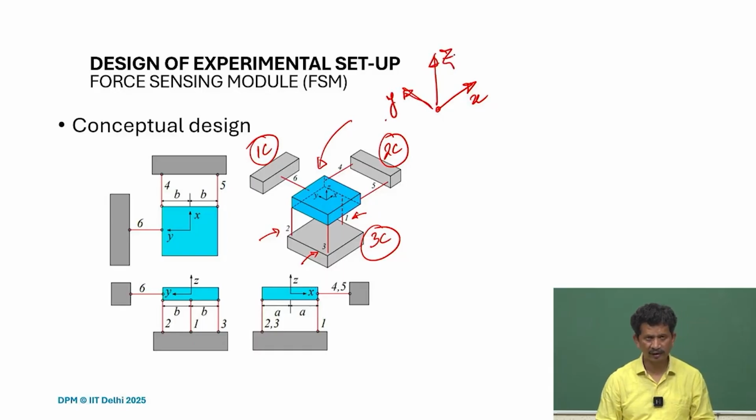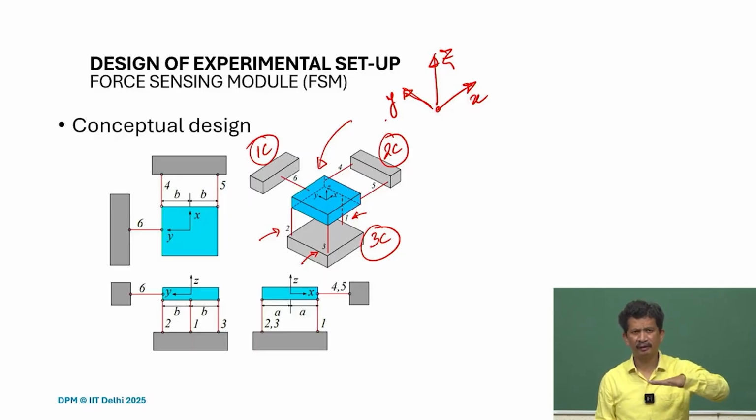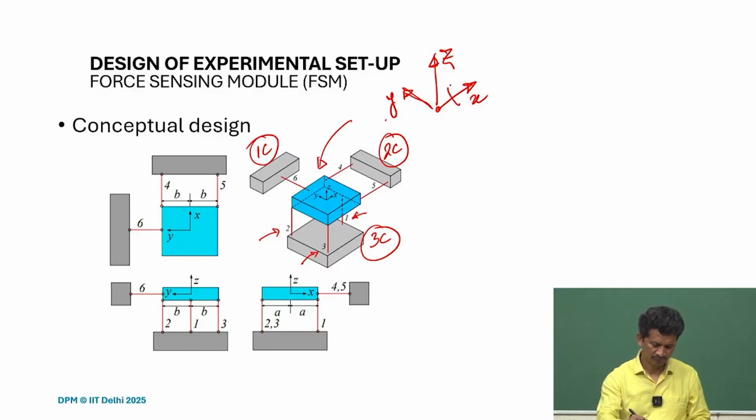Along the z direction we have 3 constraints. As we know, 3 constraints in the z direction from the bottom support the floating platform and constrain it in a plane. Constraining in a plane means it can move only in the xy plane. So the z translation is constrained, and x rotation and y rotation are both constrained. So we can even talk about this.